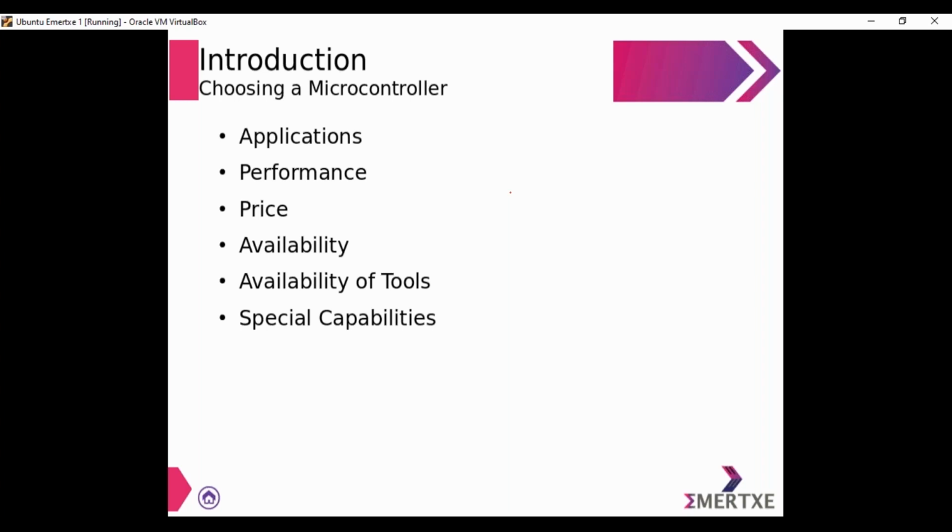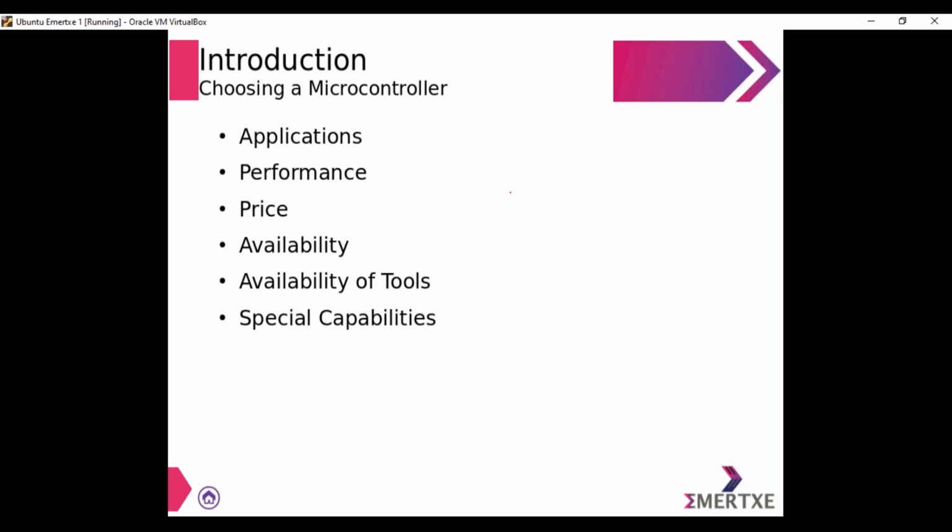Then availability of tools again. Every day there is a new tool coming into the market, so you have to make sure the tool is also available till your project gets completed. And special capabilities: some microcontrollers have special capabilities which you have to notice, identify, and pick for your requirement.